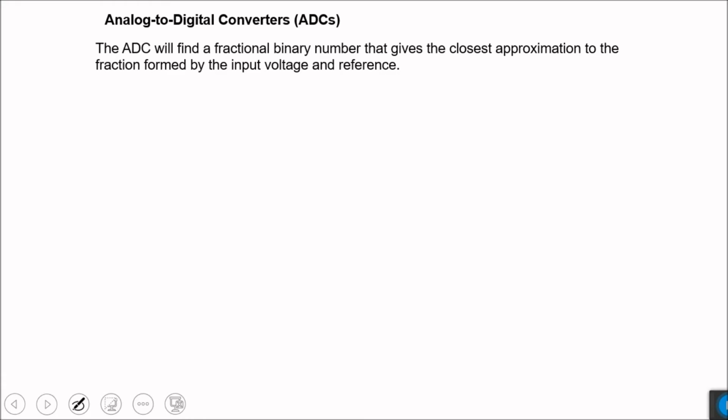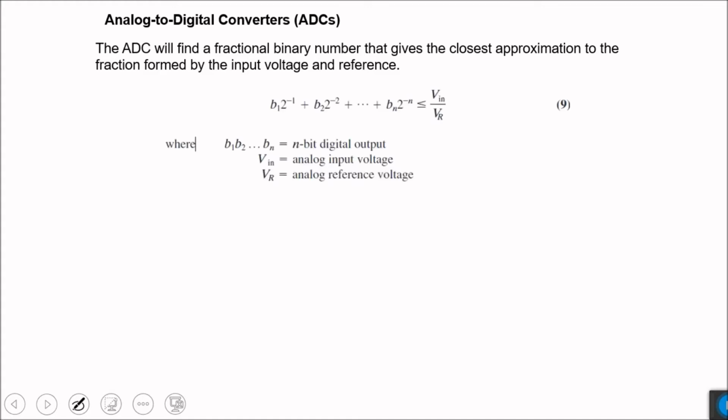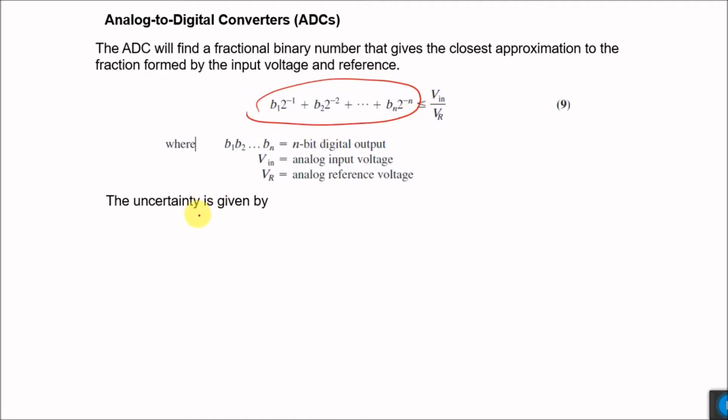What the ADC does is find a fractional binary number that gives the closest approximation to the fraction formed by the input voltage and the reference, just like represented in this formula. This is the digital data produced by the ADC, this is the input voltage at the input of the ADC, and this is the reference voltage of the ADC.